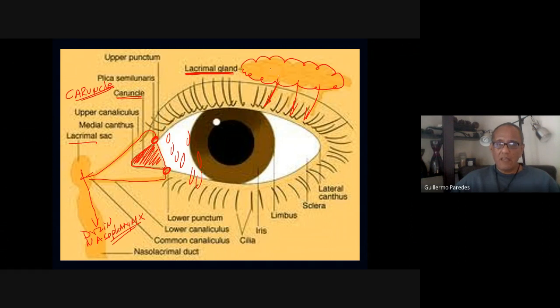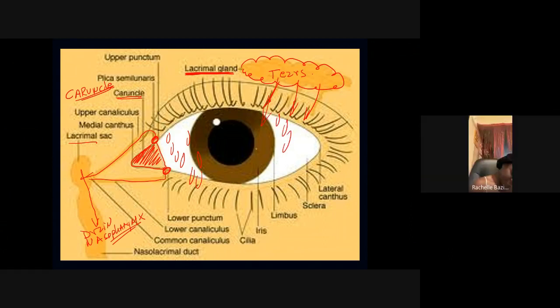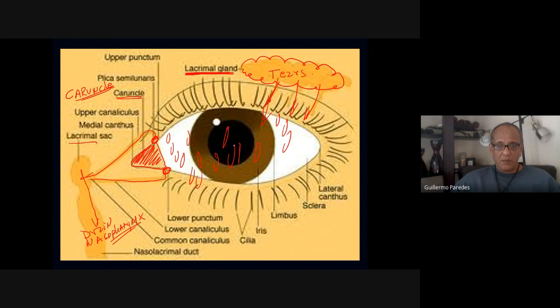So that is where you have the lacrimal gland, and that is where the tears are coming from. Okay with that? Tears are coming, crying, and all this fluid is going to get into the openings in the caruncle that are going to end in the lacrimal sac and then into the nose. Okay with that?